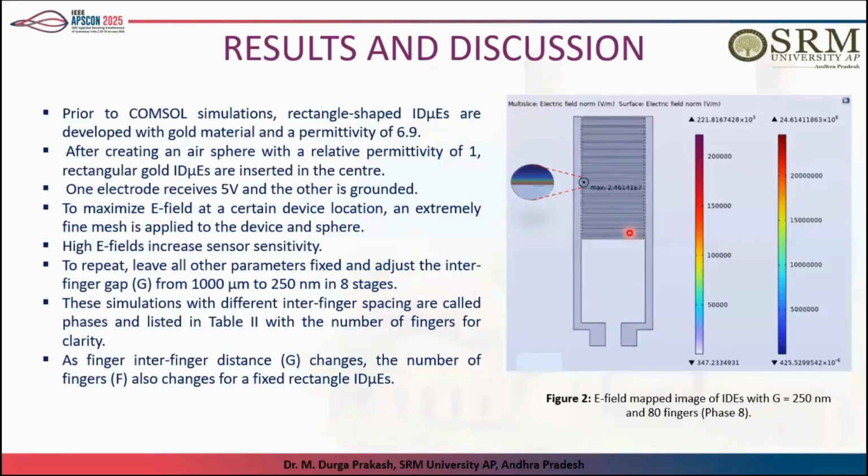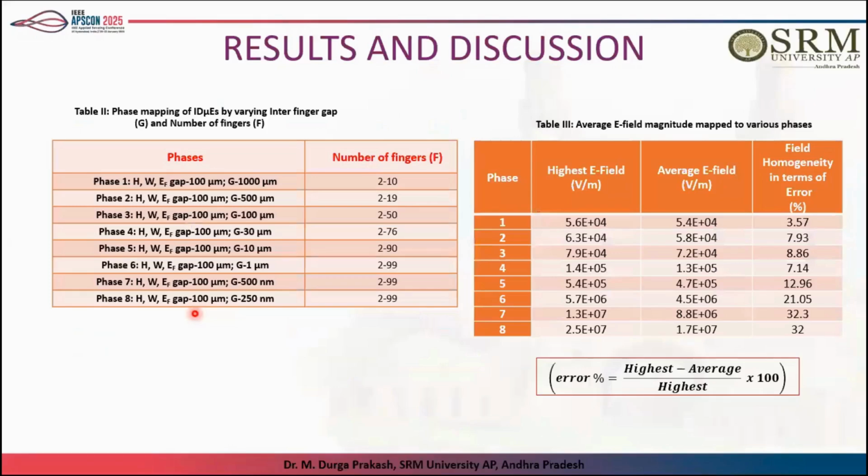With these structures, the fringe distance G changes, and the number of fringes also changes, fixed with the different interdigitated electrodes. And you can see the results here. There are 8 phases, with each phase's width and gap, and also the G values for the interdigitated microelectrodes and number of fringes we have carried out for this work.